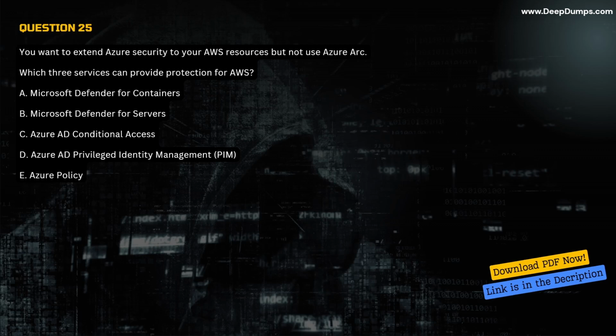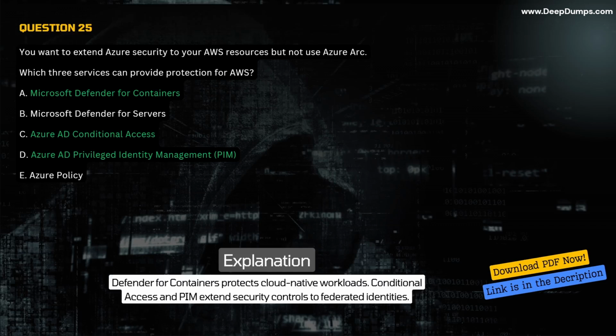E. Azure Policy. Correct answer A, C, and D. Microsoft Defender for containers. Azure AD Conditional Access. Azure AD Privileged Identity Management (PIM). Explanation. Defender for containers protects cloud-native workloads. Conditional access and PIM extend security controls to federated identities.